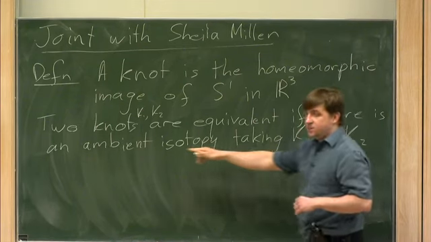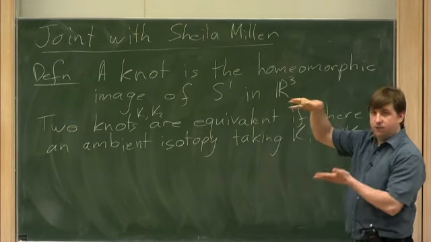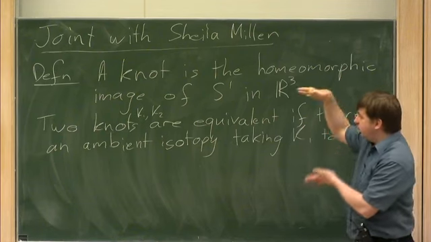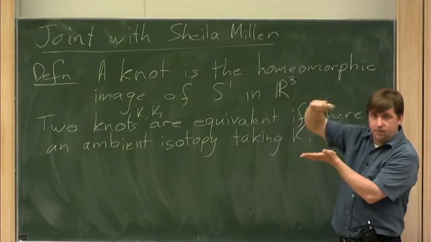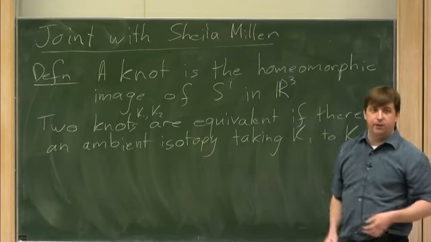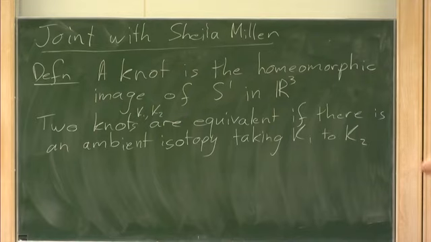What does ambient isotopy mean? That means there's a deformation of the space that's homotopic to just the identity, where each slice of that homotopy is a homeomorphism. The details don't matter for our purposes. Just think of it as the natural idea of two knots being the same up to squishing them, deforming the pieces of rope.